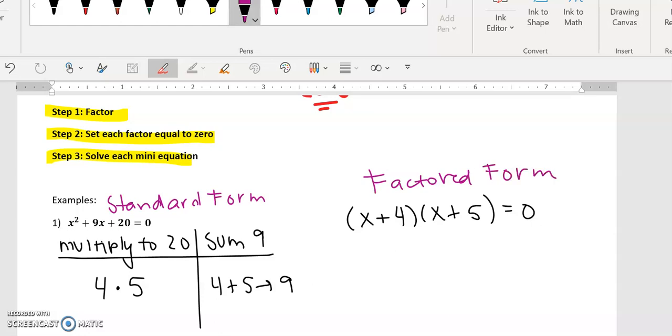Now, a lot of people, if they watched a previous video or did the work last week, are going to stop here. But when it comes to solving equations, there are more steps. We're going to head to step 2, set each factor equal to 0.